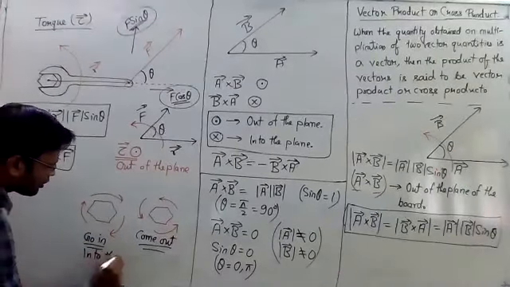In this way we determine the direction of the torque. If this is R and the force is in this direction, then R cross F is clockwise and it will be into the plane. So in this way we get the direction of the vectors.